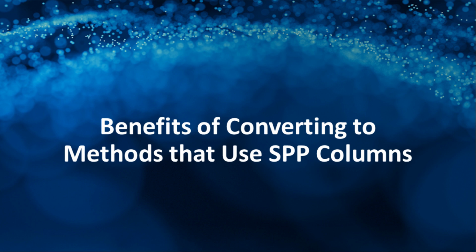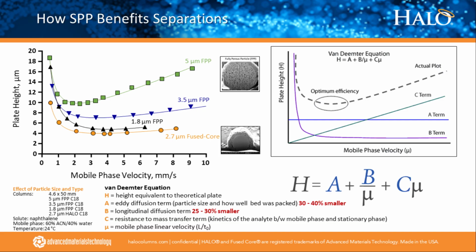So let's talk about the benefits of converting to methods that use SPP columns, and really how SPP benefits separations. I know this slide is really content heavy, so let me step you through it. In the middle, I have an image of a fully porous particle column, and you can see that the pores are throughout, through the center and to the edges.